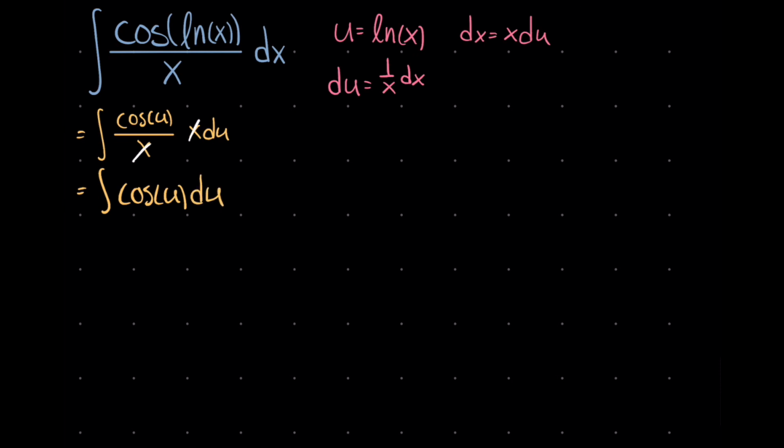Now it's pretty straightforward from here. We know that the antiderivative of cosine is just sine, so this becomes sine u plus c for some constant c, and we want to take our initial value for u, ln x, and plug this back in, leaving us with sine of ln of x plus some constant c, our final answer.